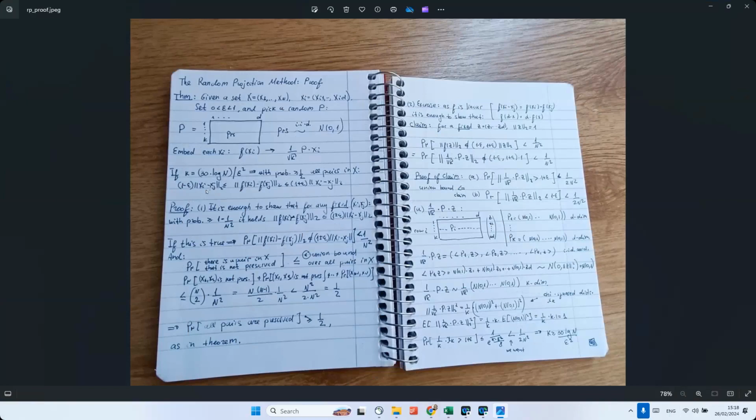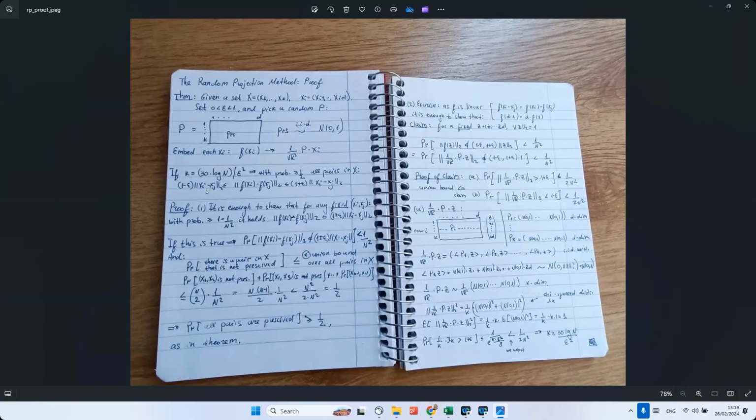Now the negation of this event says that the probability that all pairs are preserved is at least half. Yes, the probability that some pair is not preserved equals 1 minus the probability all pairs are preserved.